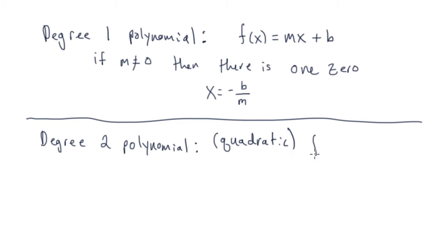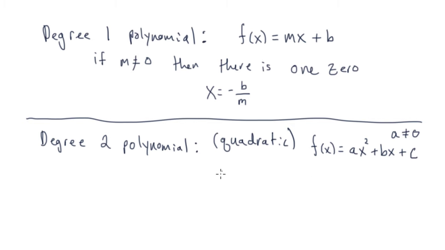And a quadratic has the following general form: ax squared plus bx plus c. Again, we're going to assume that a is not 0. Otherwise, it's actually not a quadratic. If a is 0, then it's really just a linear function.